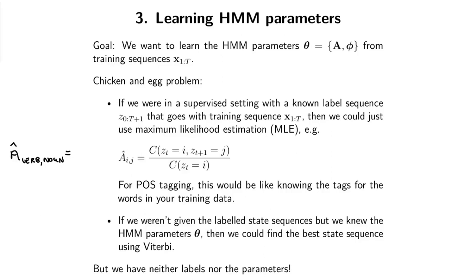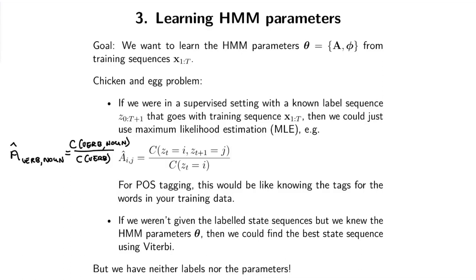How would you figure out the transition from a verb to a noun? Maximum likelihood estimate. Can you just count the number of times it happens out of all the verb transitions? That's exactly right. You just count up how many times I go from a verb to a noun, and I divide that by the count of verbs. And that is the maximum likelihood estimate.